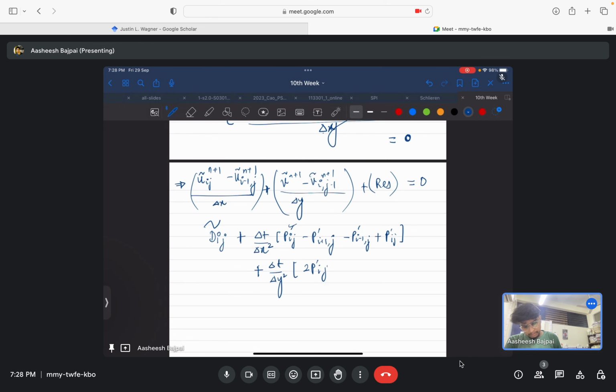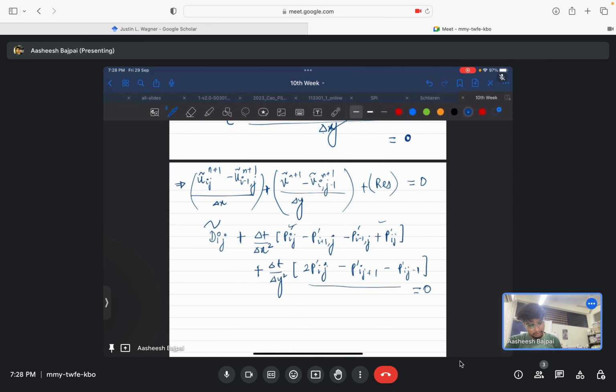Here also it will become 2p dash ij minus p dash i j plus 1 minus p dash i j minus 1. I hope you get what I am going to do next.